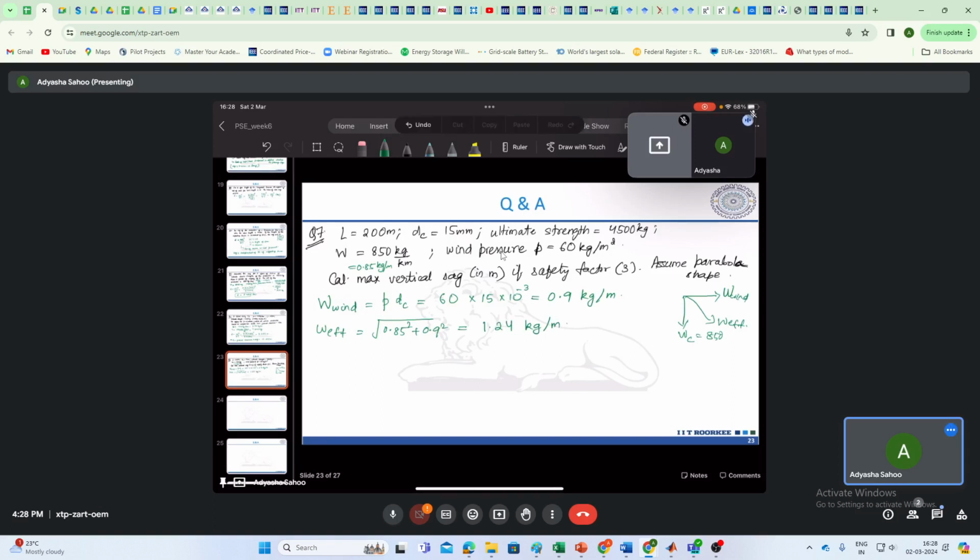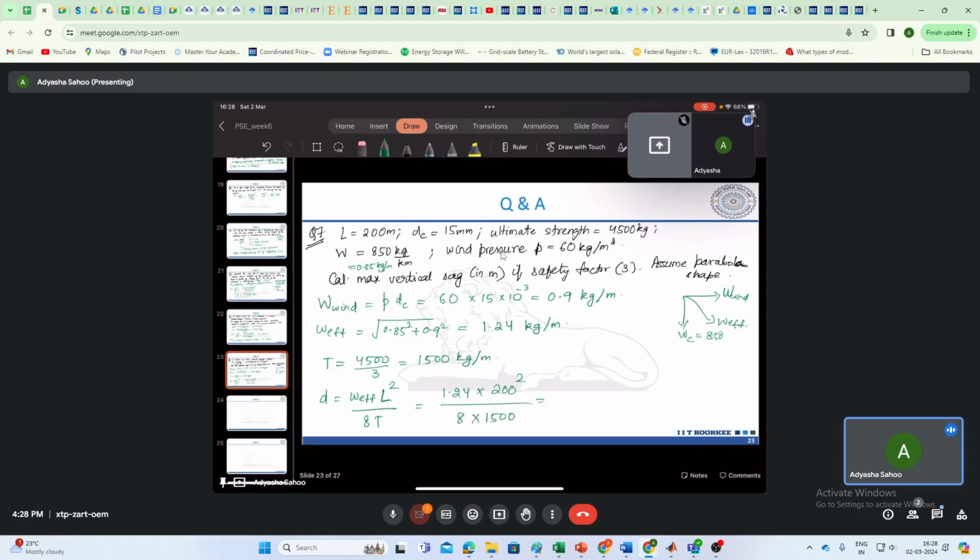Again, your working stress or reliable stress will be ultimate strength by safety factor, so 1500 kg. So sag will be W effective, sorry, WL square by 8T. So W effective is 1.24 into span length 200 square, by 8 into 1500.